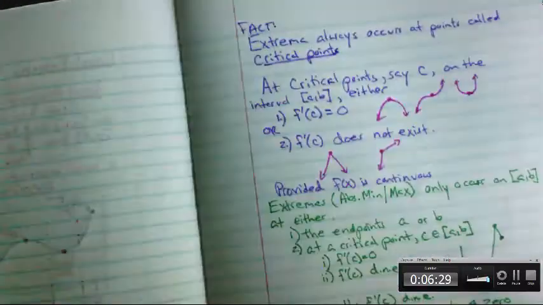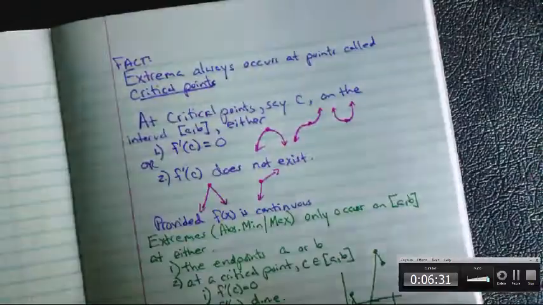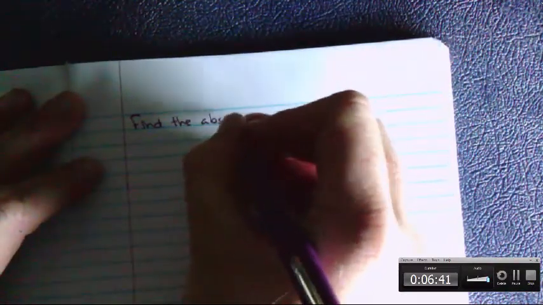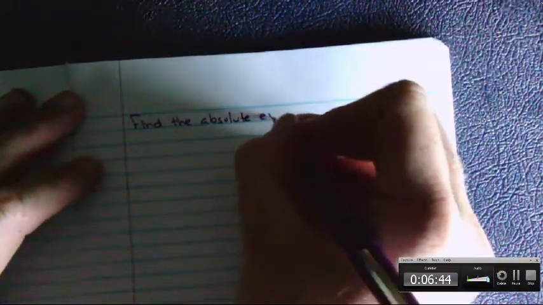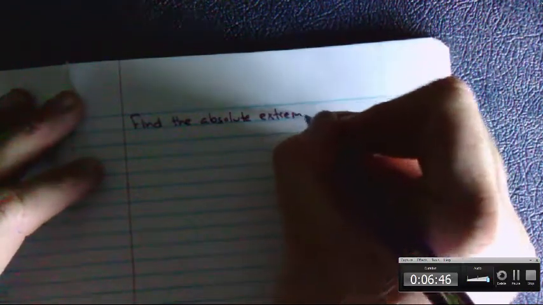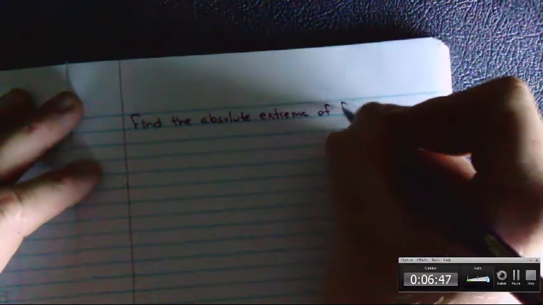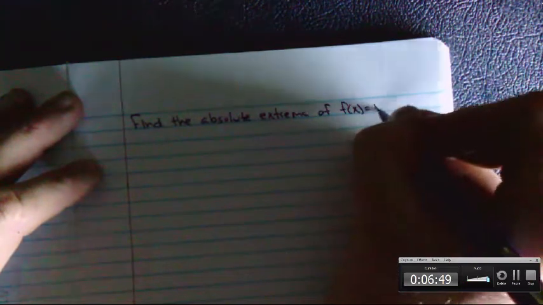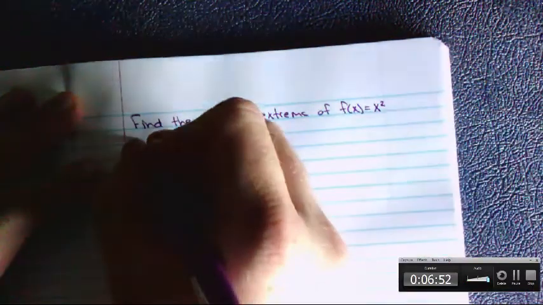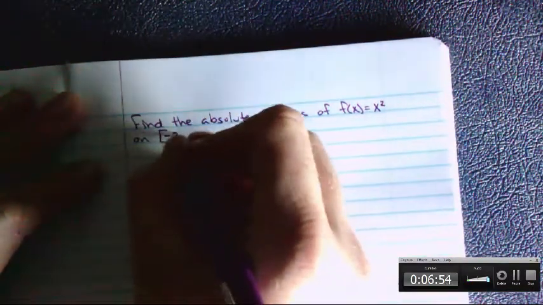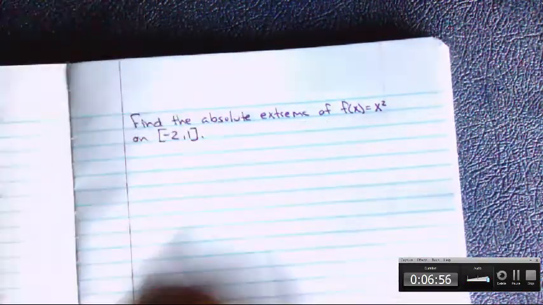Okay, so here's an example. Find the absolute extrema of f of x equals x squared on the interval -2, 1.